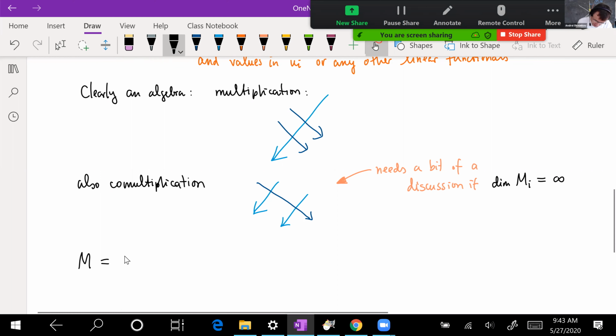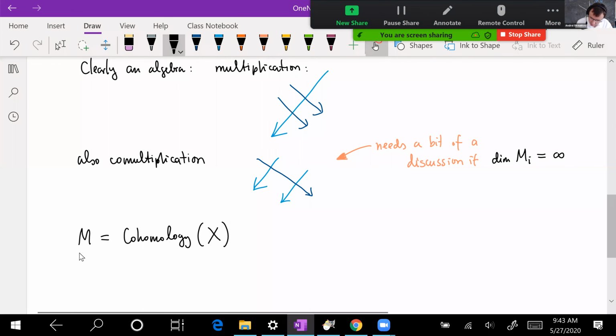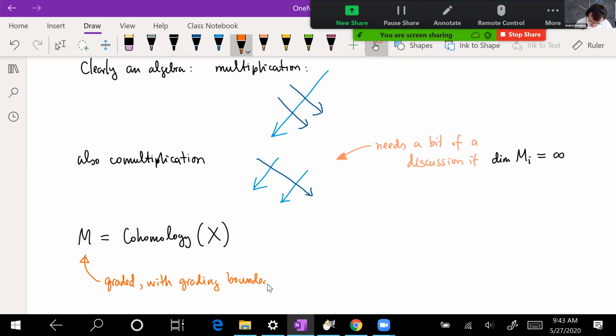is, like I said, some cohomology of some space X, and there will be two features of M apparent in this description. This module will be graded, with grading bounded below.